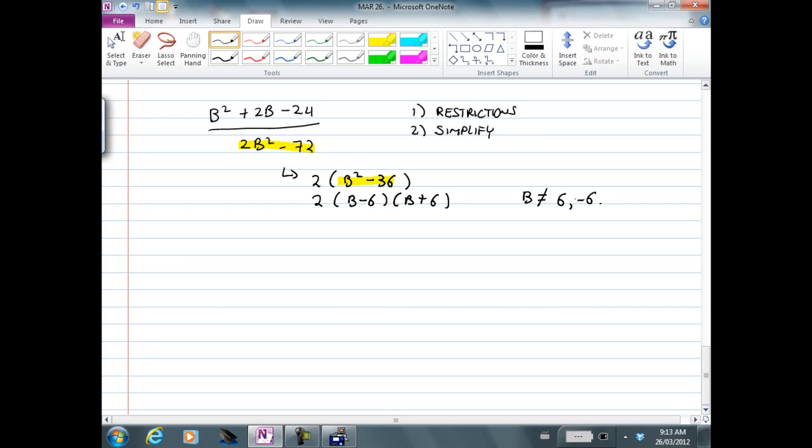When you simplify, so now I'm going to teach you how to simplify. Write this down for me, star. When you simplify, factor both numerator and denominator first.